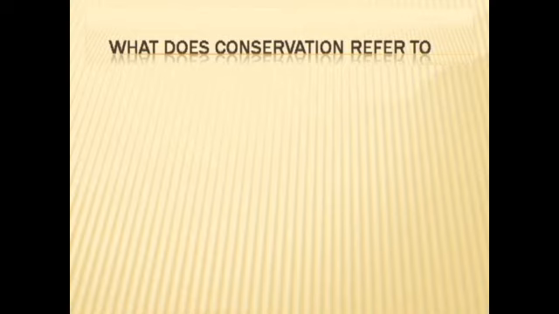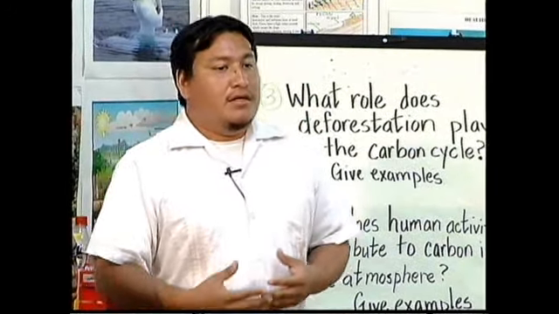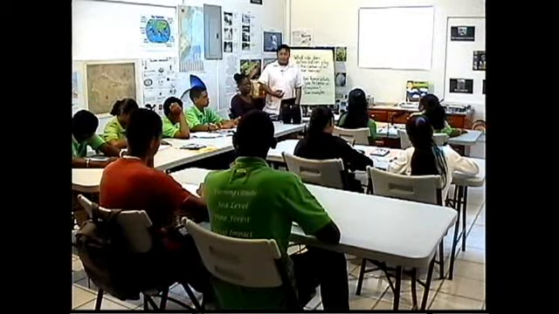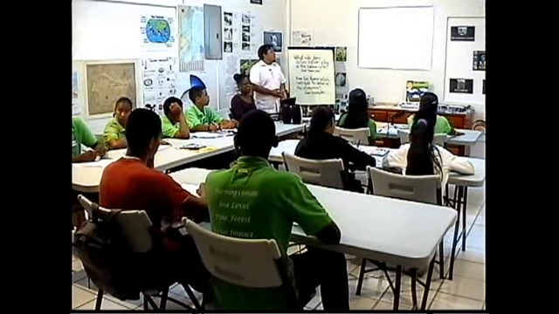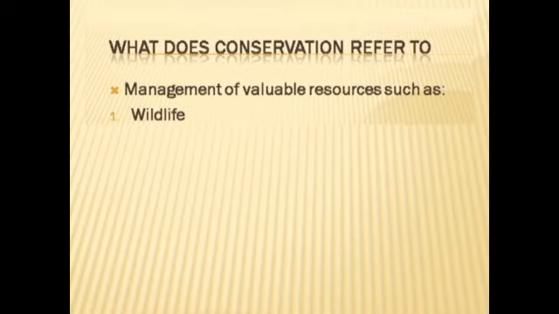Erwin brought up a topic on how to sustain our fishing industry. Now we can move on to what conservation refers to, because we need to conserve. That was basically what came out from Erwin's answer. We need to conserve our natural resources. The first thing is management of our valuable resources, such as our wildlife. Do we have laws protecting some of our wildlife?